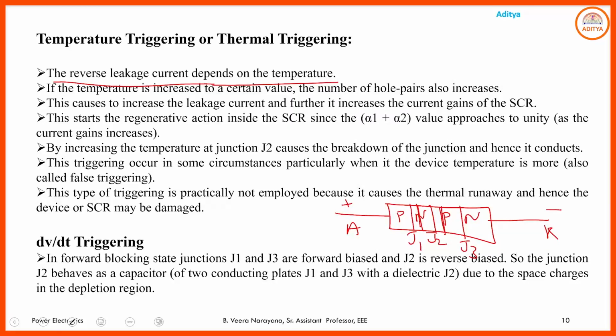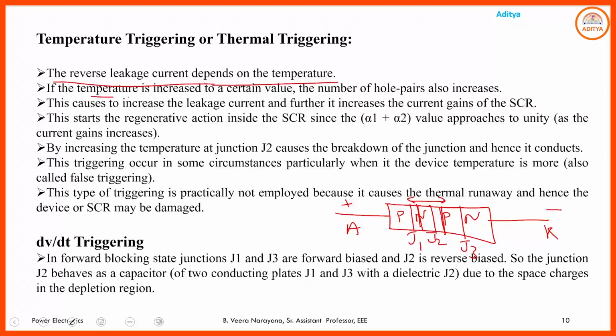So the width of the depletion layer across the junction J2 is inversely proportional to the junction temperature. If the junction temperature exceeds a particular value, the depletion layer may vanish and the SCR comes to the on state.